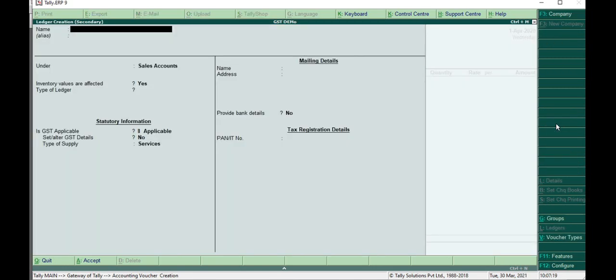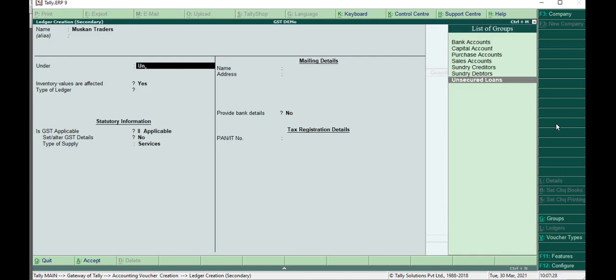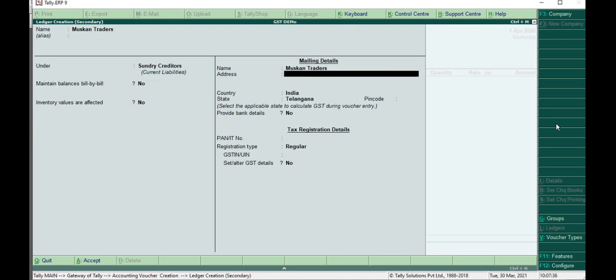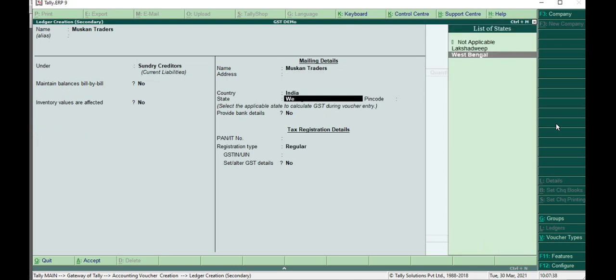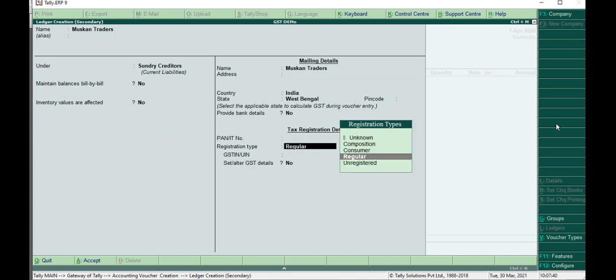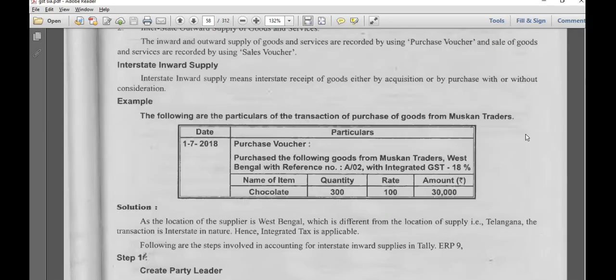Alt C, Muskan Traders. So he will be sundry debtor or sundry creditor? Sundry creditor. You people won't give me reply. Okay, let it be. West Bengal regular. What is the GST number?